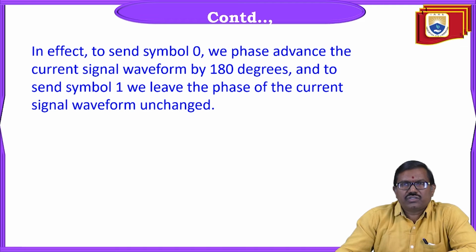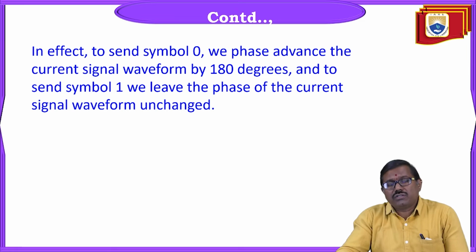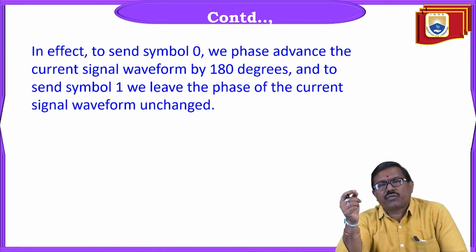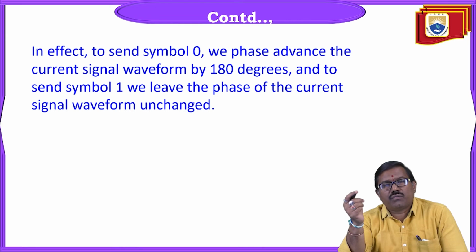So in effect, to send symbol 0, we phase advance the current signal waveform by 180 degrees, and to send symbol 1, we leave the phase of the current signal waveform unchanged. So that is nothing but PSK. PSK provides a 180 degree phase shift for symbol 0, and for symbol 1 there is no phase shift.